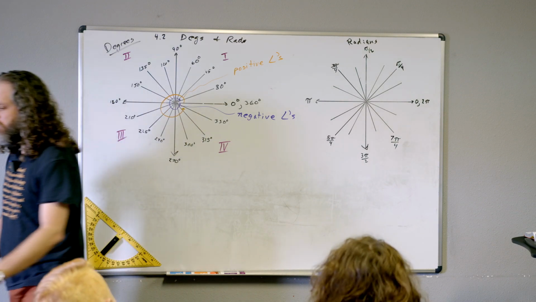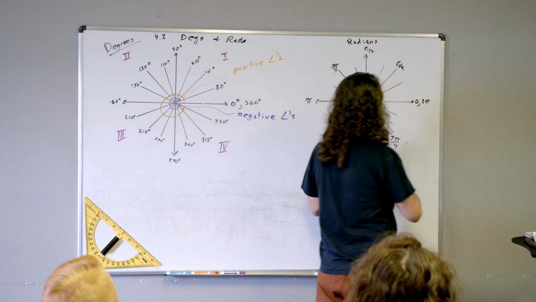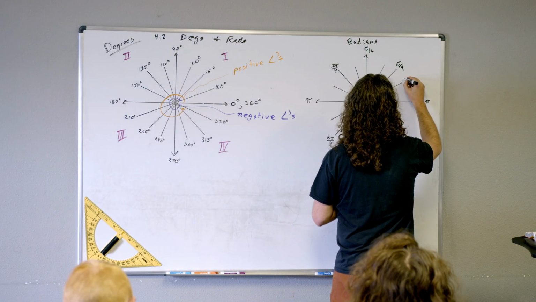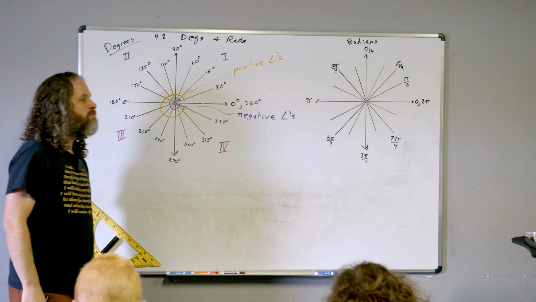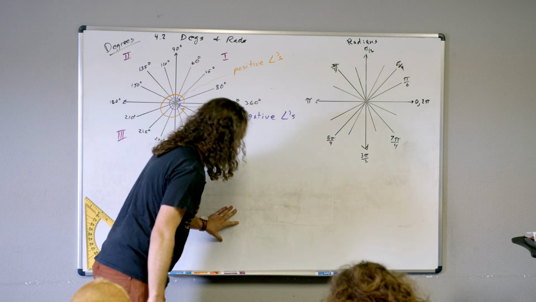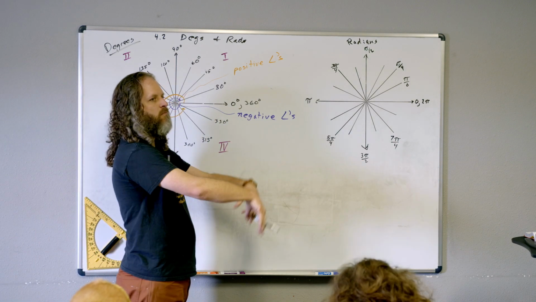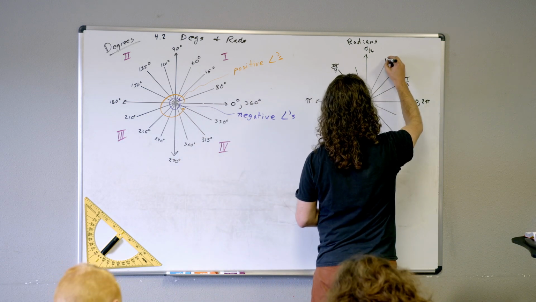That's true. So it is, in fact, a sixth of 180. So 30 degrees is pi over 6 radians. What about 60? How does it relate to pi? Pi over 3.